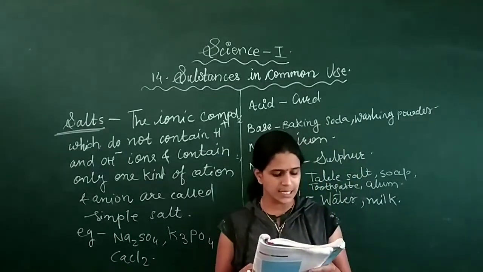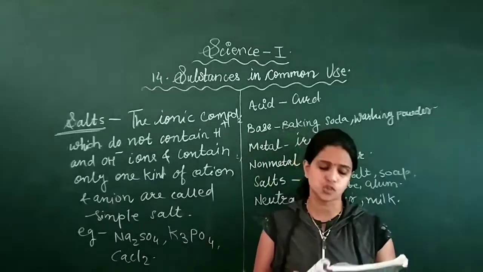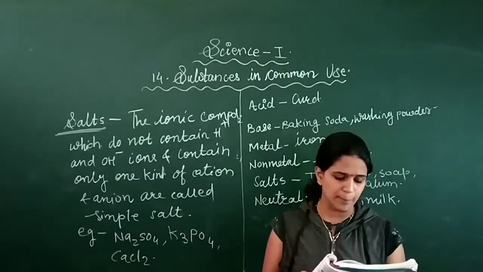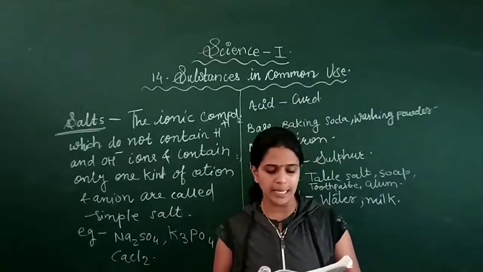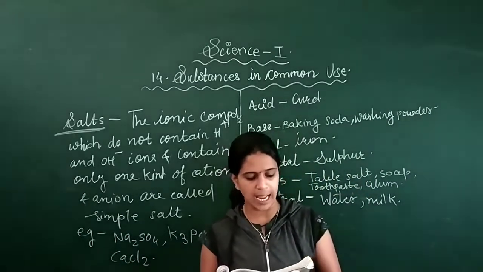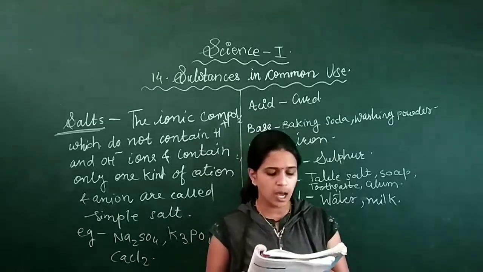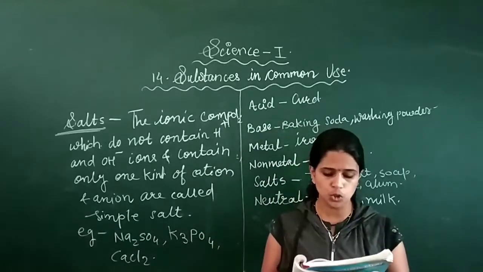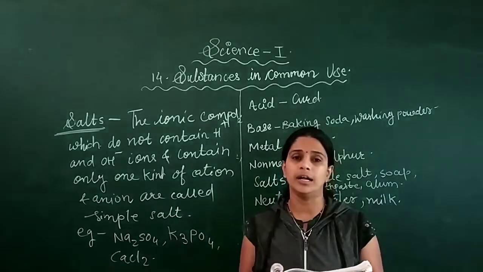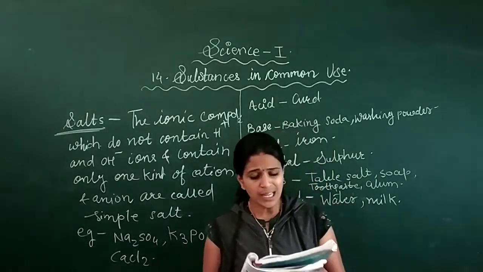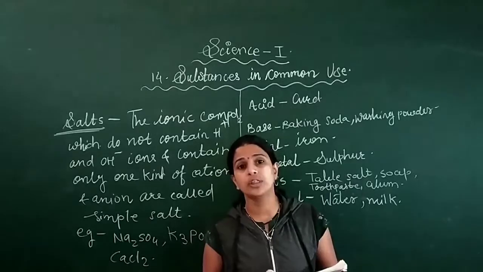In fact, the sea is a rich source of several salts of various elements such as chlorine, sodium, magnesium, potassium, calcium, bromine. However, we also use other salts apart from these in our day-to-day life. Let us learn more about them.